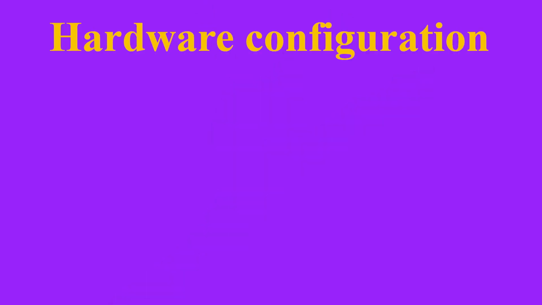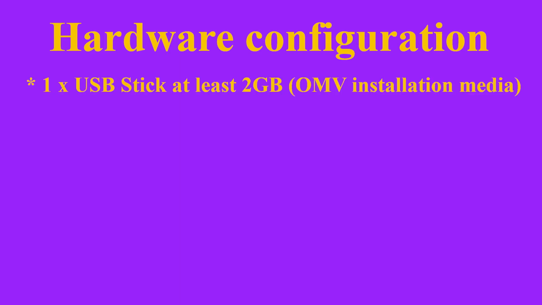So let's briefly sum up the NAS hardware configuration. We want 2 USB sticks, one for the OMV installation media that we've already created earlier, and as we said that needs to be at least 2 GB in size.